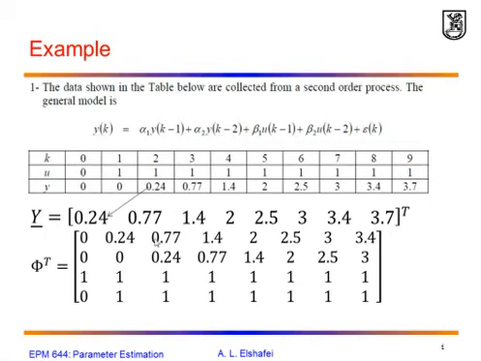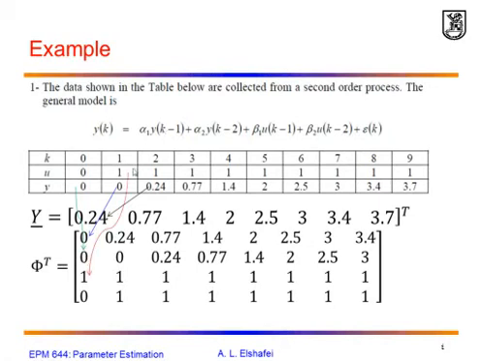So we can see here, if I take y(k) as y(2), then I will need here y(1) and y(0), and that's how I build the first vector in the matrix phi transpose. So this is y(1) and y(0) stacked here, and then I continue.